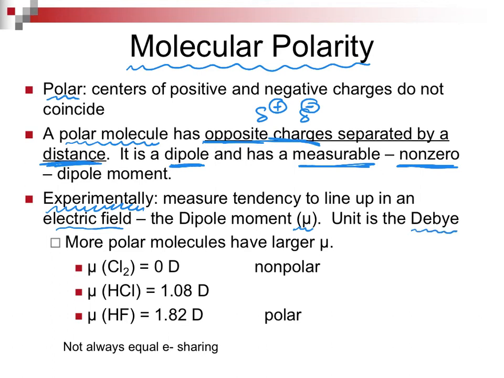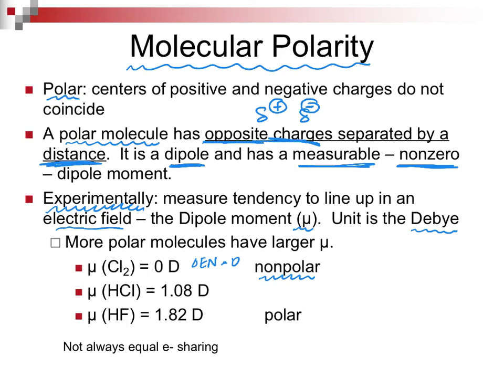So this is the background. These are the facts. This is the method that we use. Let's take a look at 3 different molecules. Before, when we looked at the change in electronegativity for chlorine, we got a 0. When we put the chlorine molecule into an electric field, we see it has no dipole moment and we call it nonpolar.